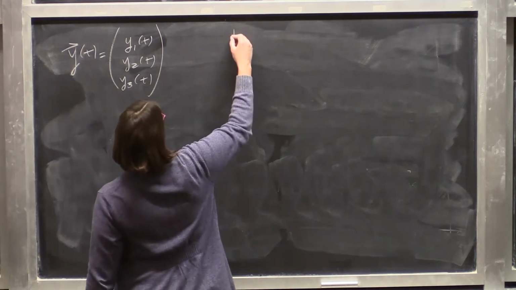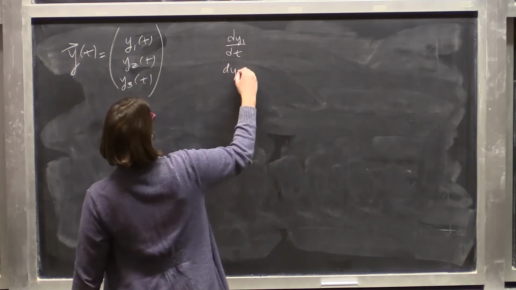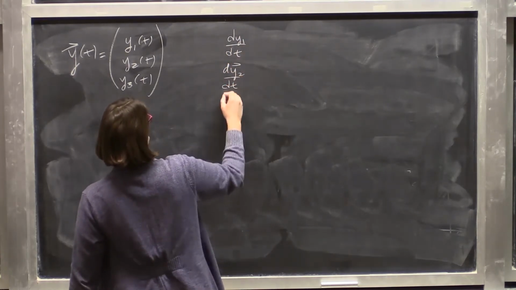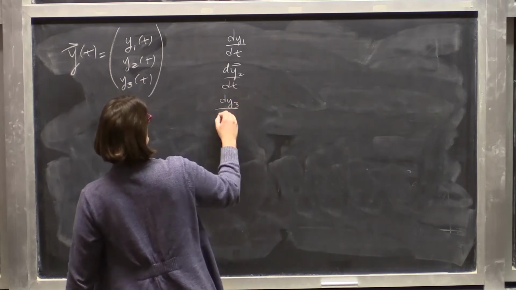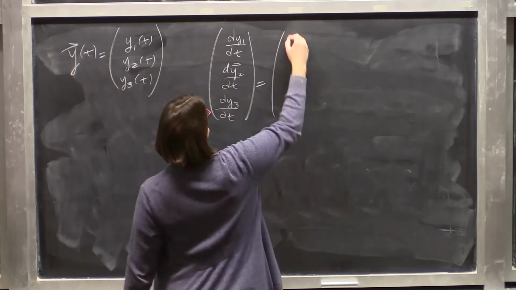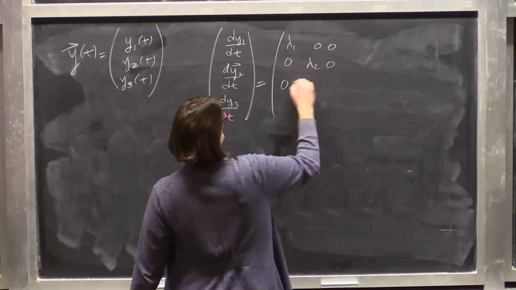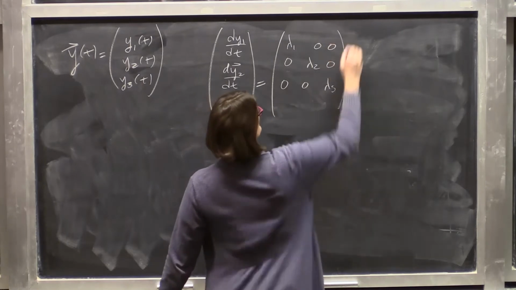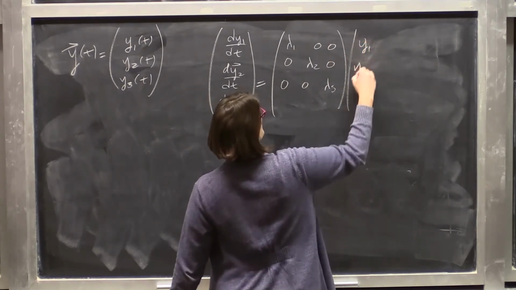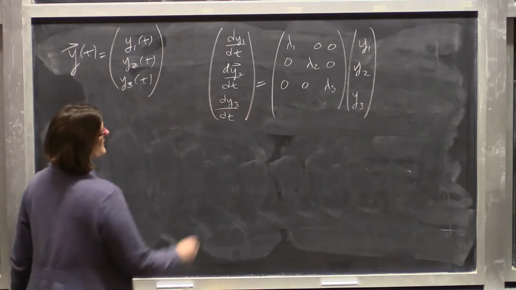I'm asking that the vector dy1/dt, dy2/dt, dy3/dt equals the matrix with lambda 1, 0, 0, 0, lambda 2, 0, 0, 0, lambda 3, times y1, y2, y3. This is what I want.